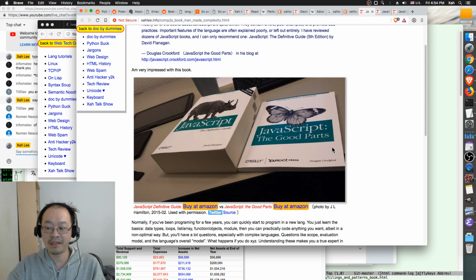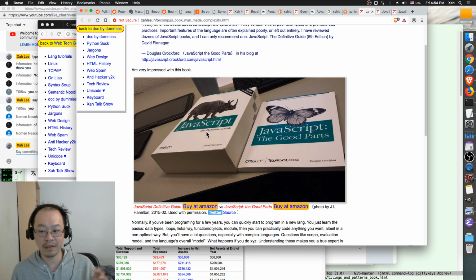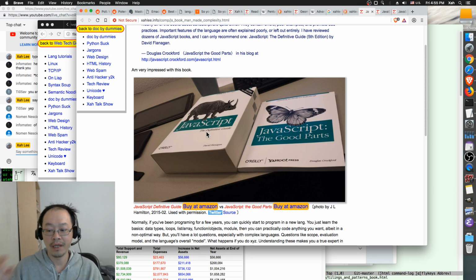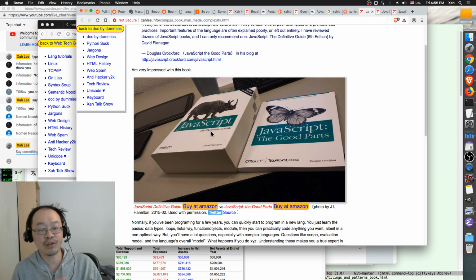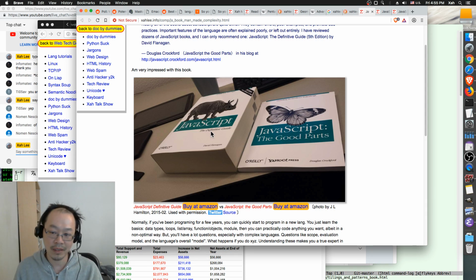The Good Parts is nothing comparable to the Definitive Guide. Okay, but anyway, it's getting old. Today there are better books if you actually want to buy a tree book. But anyway, a huge amount of Stack Overflow answers are just from this book.